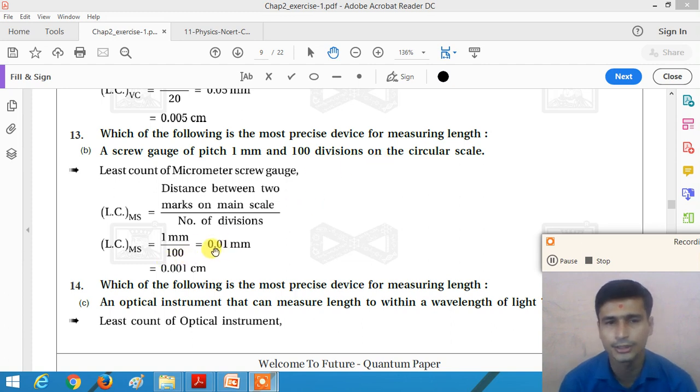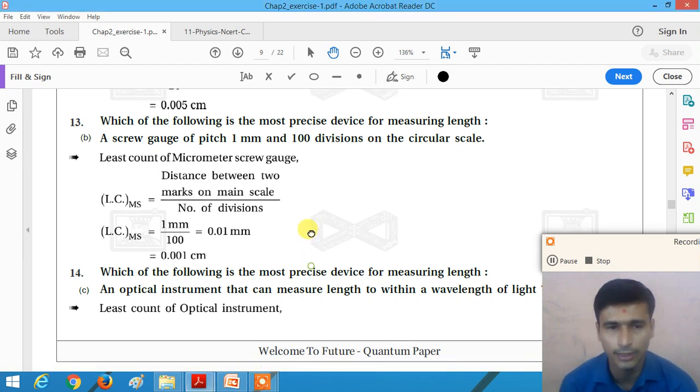So we get 0.01 millimeter. So we get 0.001 centimeter. So here the least count of the screw gauge is less than the least count of the vernier calipers. So with the help of the screw gauge, we measure the length more precisely.